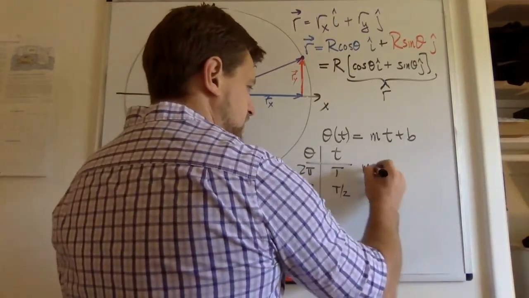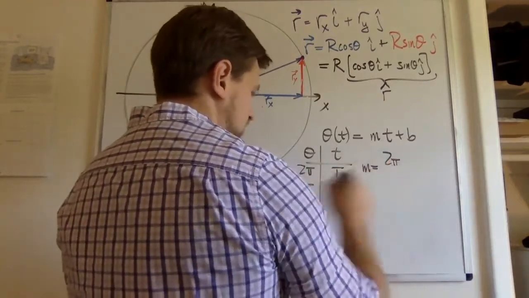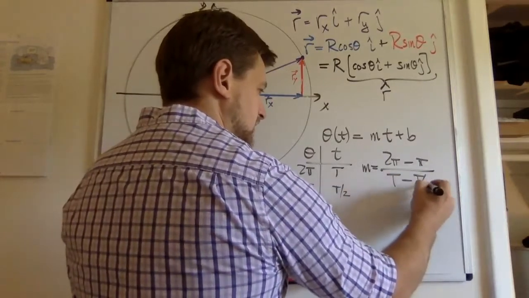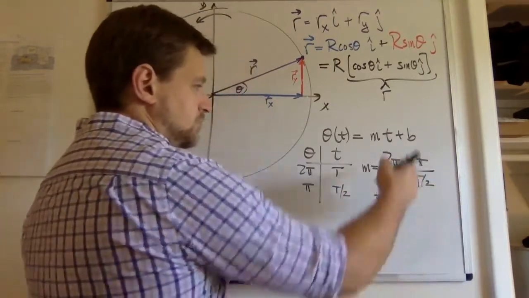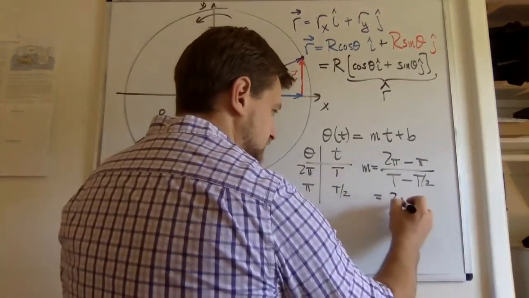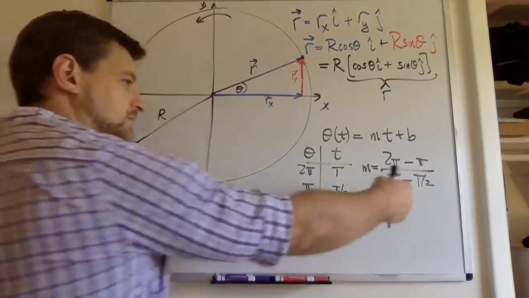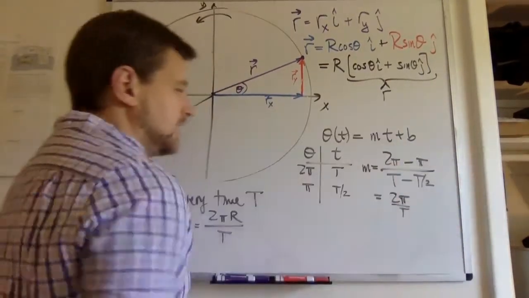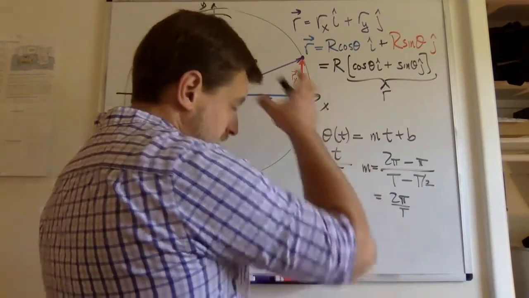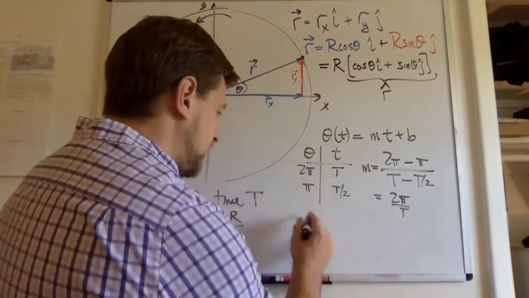All right, so m would be the change in theta, 2 pi minus pi, divided by the change in t, so that's pi over T over 2. And then when we divide by T over 2, that denominator 2 flops upstairs. The intercept, all right, so wait.